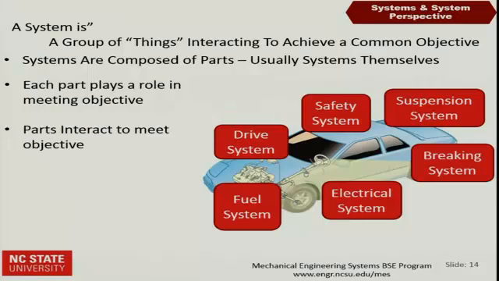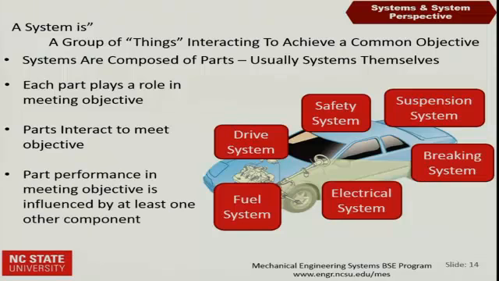Another characteristic, the parts interact in order to meet the objective. So for example, the safety system and the drive system, they interact. You go to try to start your car when it's in drive and it won't let you. Why not? Because the safety system and the drive system are interacting and they won't allow that to happen.